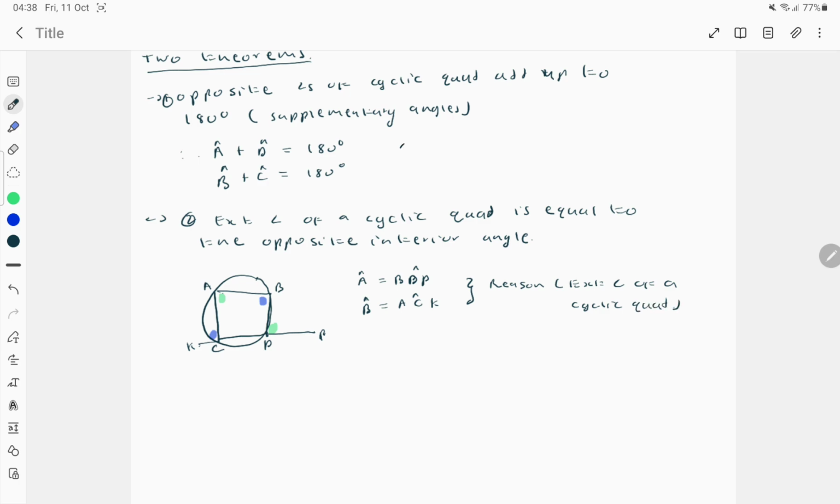For the other one, you just say opposite angles of a cyclic quad are supplementary.